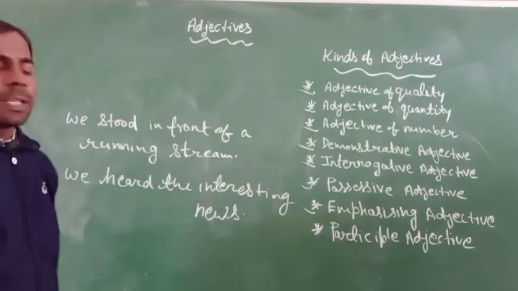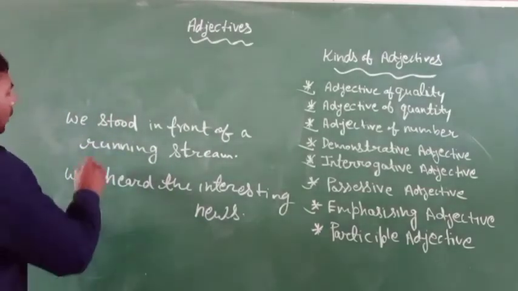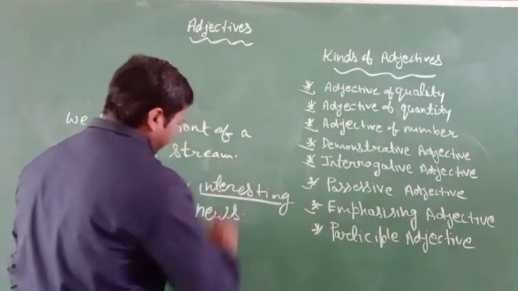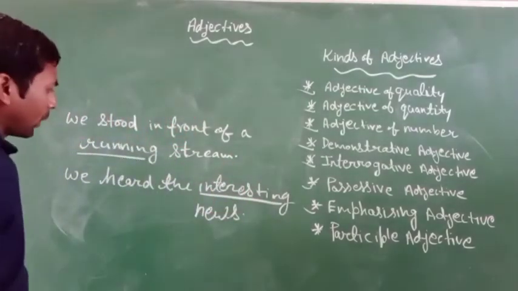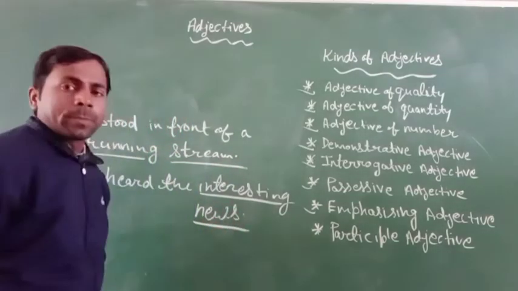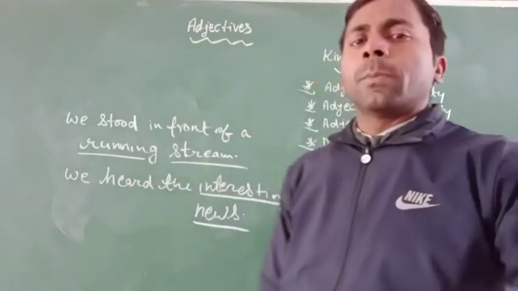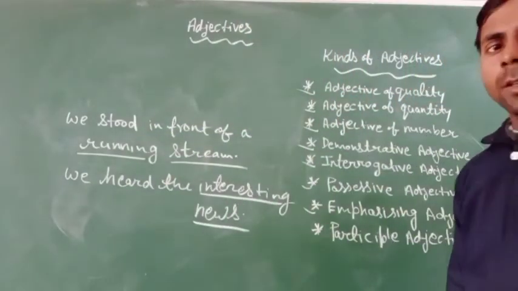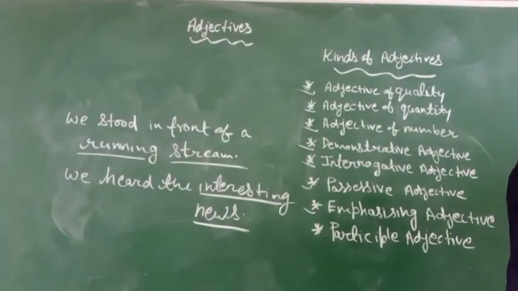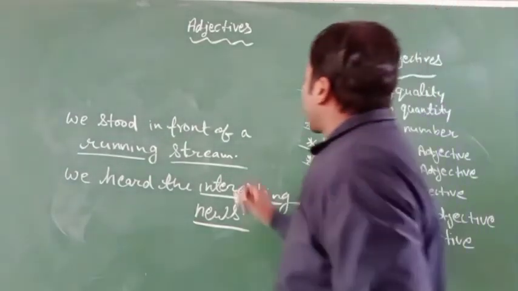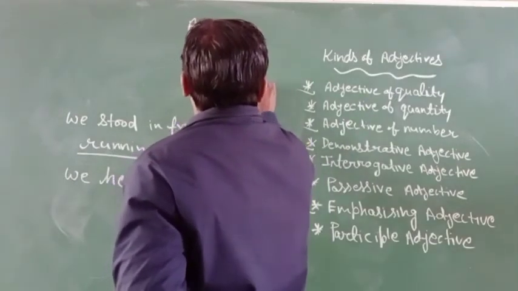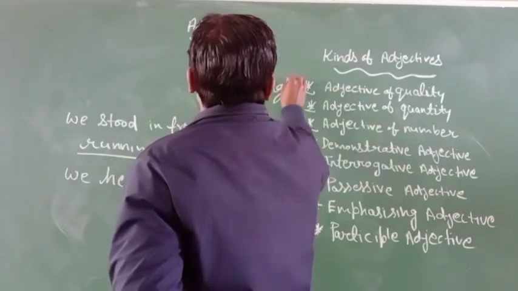Here you can see the word running and the word interesting. After these words you can see the words stream and news. Stream and news are both noun words. We can form the present participle with the verb first form and add ing.